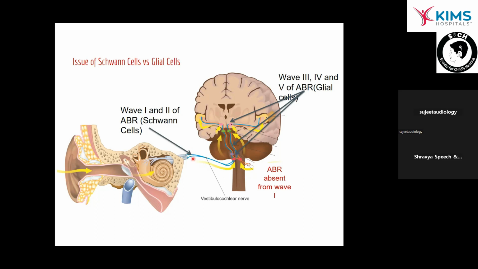Here in the demyelinating pathology, it always starts with the Schwann cells first. So in cases with auditory neuropathy, the ABR will be absent from wave 1 itself. You will never see the ABR getting absent only at wave 5 or wave 4 in auditory neuropathy. It will be 1, 2, 3, 4, 5, everything absent. That suggests that the pathology is here.